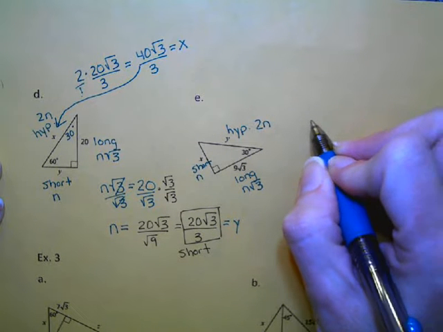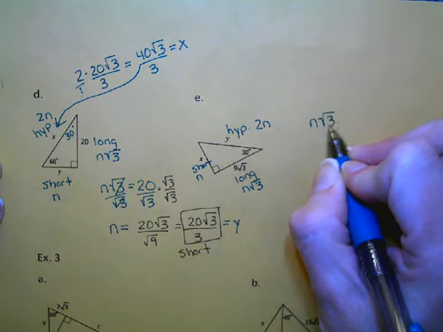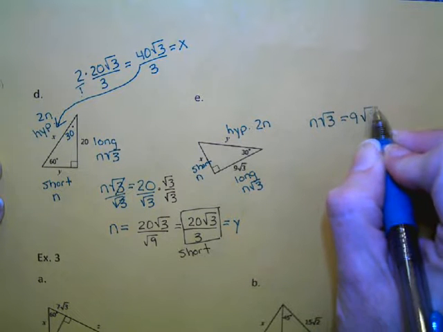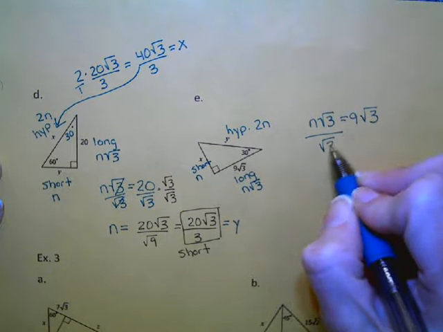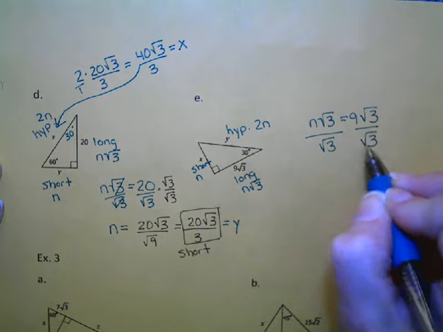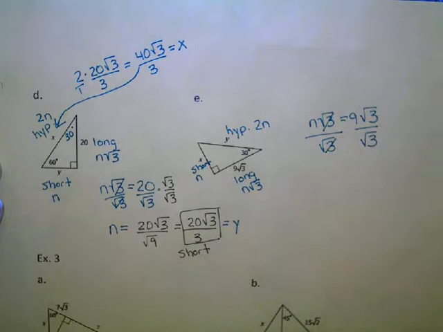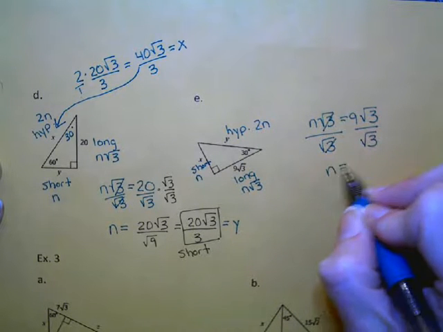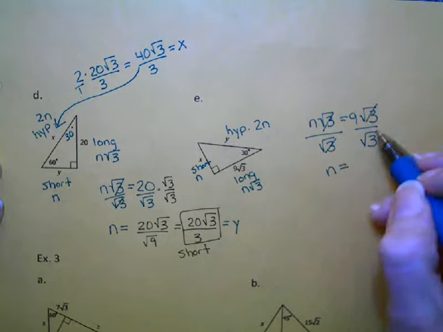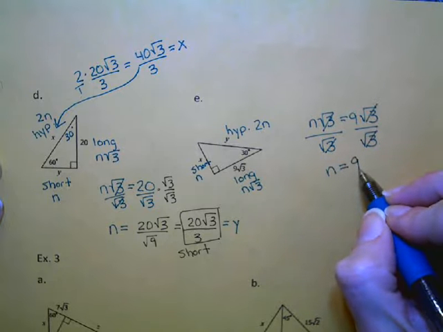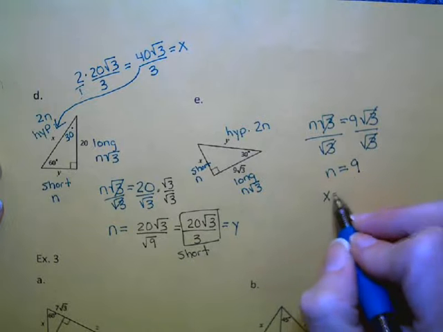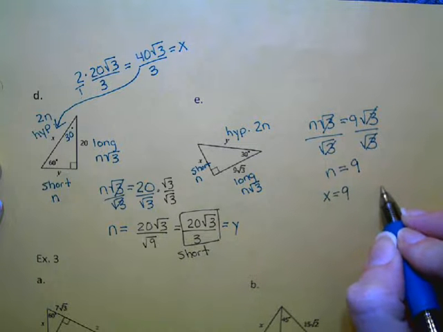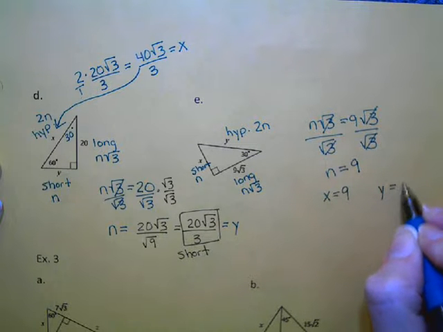So the rule n square root of 3 equals 9 square root of 3. This is my favorite kind, because when you divide by the square root of 3 to solve for n, just like on that side, how those cancel out, so you have n equals, on this side they also cancel out, so n equals 9. So the short side in this triangle is x equals 9, and the hypotenuse is 2 times 9, so that would be 18.